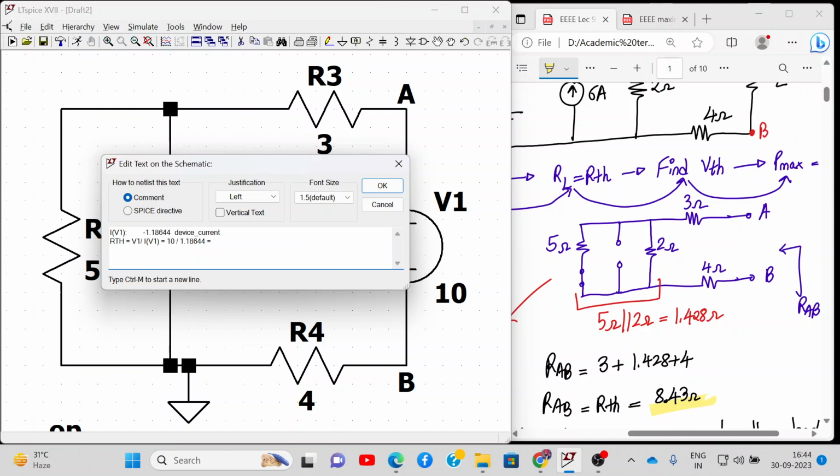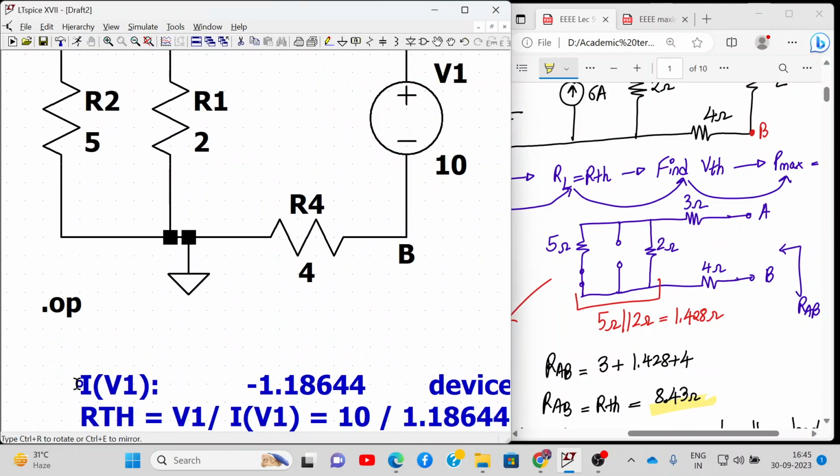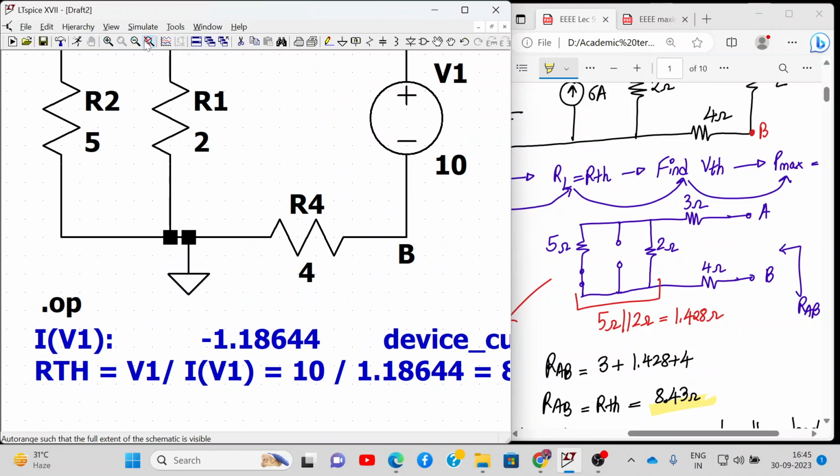Let me check it again. The answer is coming out to be 8.428 ohms.